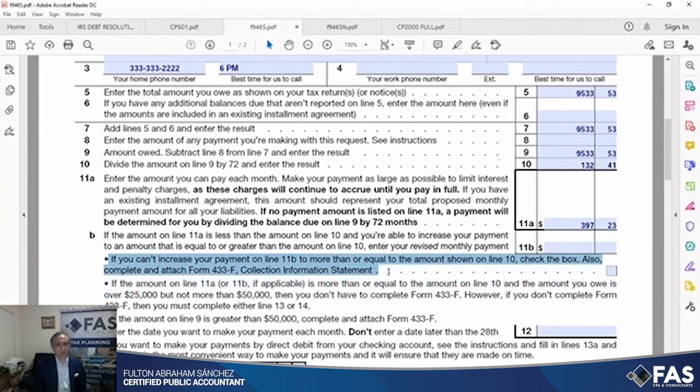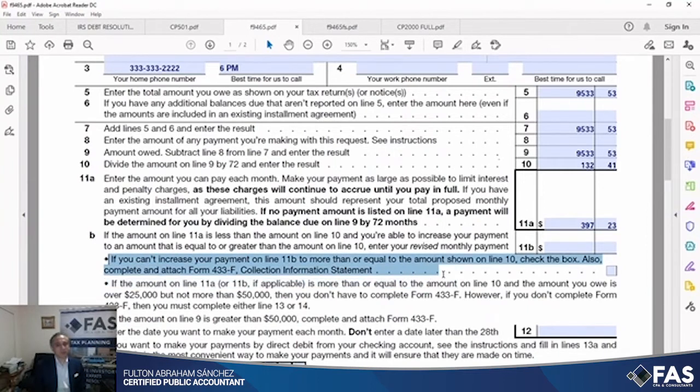Form 433-F is a large form, as we said before, where you have to put your assets, your bank accounts, your retirement accounts, your car, your house, your liabilities. If you have a payment for your car, or for your house, like a mortgage, your credit card information, how much you pay for your credit card, your income, and your expenses.